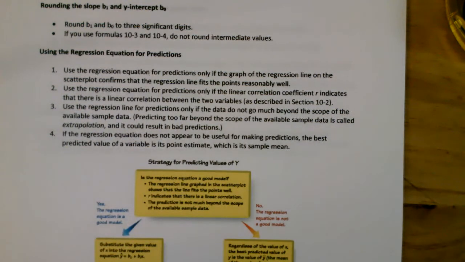Now, here's how we use the regression equation for predictions. Number one, we use the regression equation for predictions only if the graph of the regression line on the scatter plot confirms that the regression line fits the points reasonably well. Second, use the regression equation for predictions only if the linear correlation coefficient, which is your r, indicates that there is a linear correlation between the two variables.